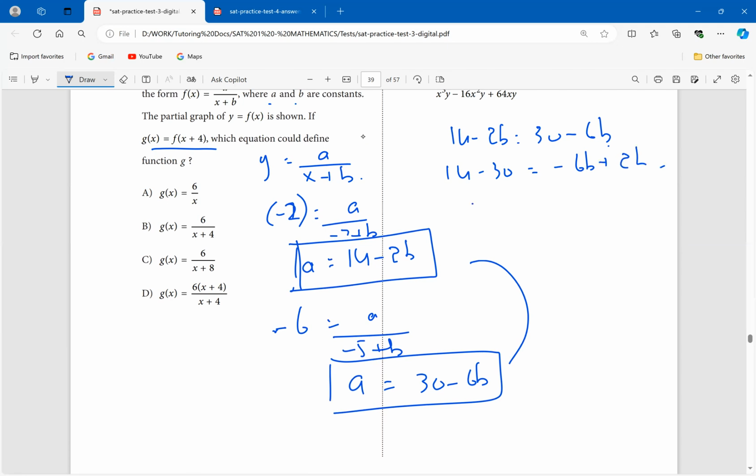This is going to be minus 16 equals minus 2b, so 2b equals 8. We've got a value for b. a equals 14 minus 2 times 8, which is 14 minus 16, so a equals -2. So we have the values for a and b.